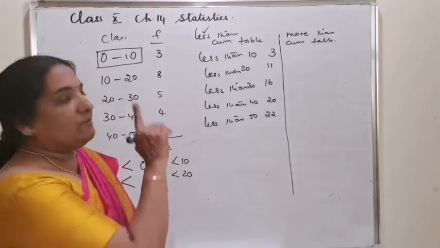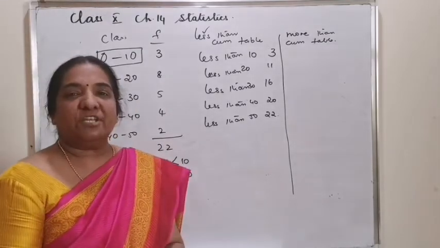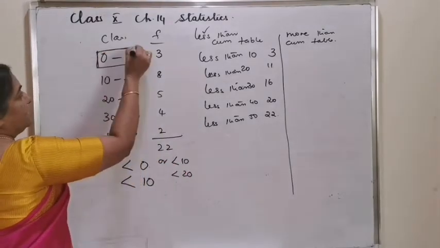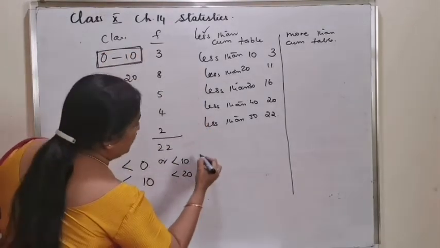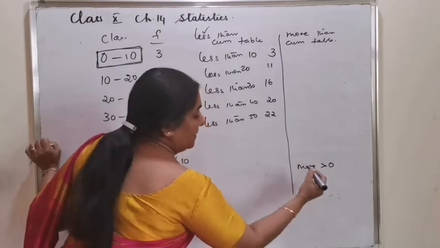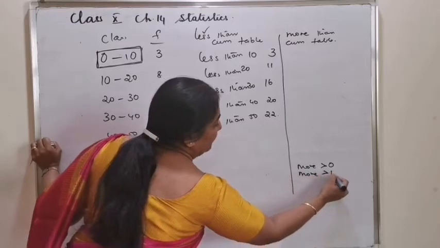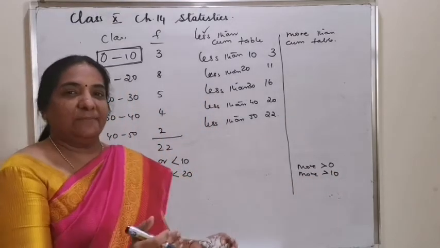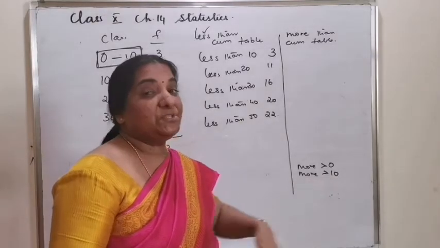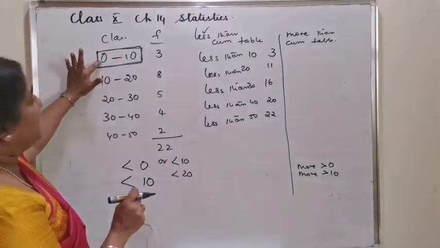Similarly, for forming the more than cumulative table, same class you take and ask yourself, more than 0 or more than 10, which is most sensible? More than 10 is sensible, but which is most sensible? More than 0.